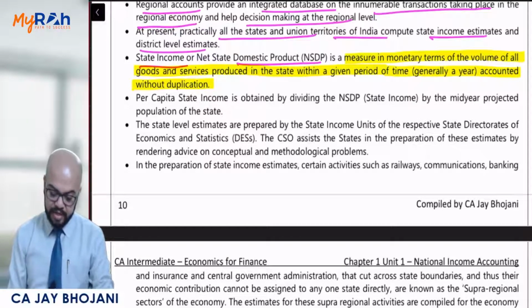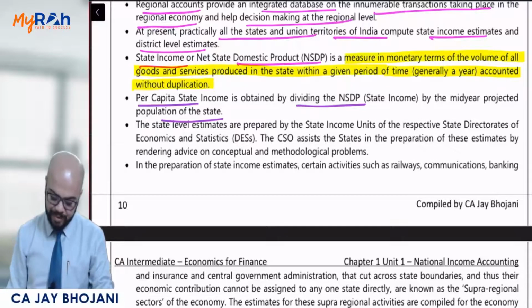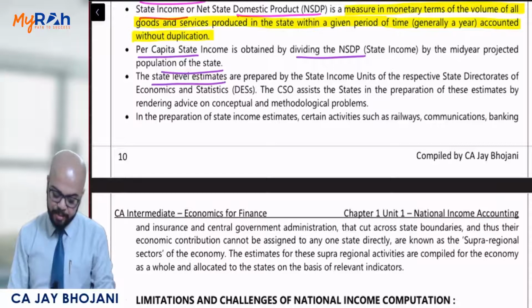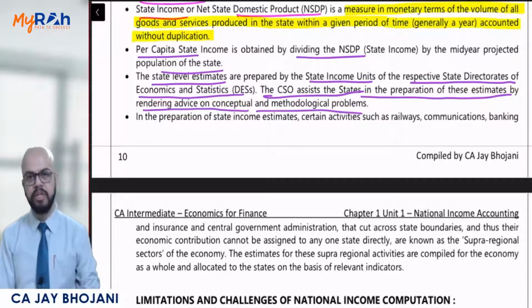The per capita state income can also be calculated by dividing NSDP by the population of the state. The state level estimates are prepared by state income units of the respective state DES. The CSO will assist the states in the preparation of these estimates by rendering advice on conceptual and methodological problems.